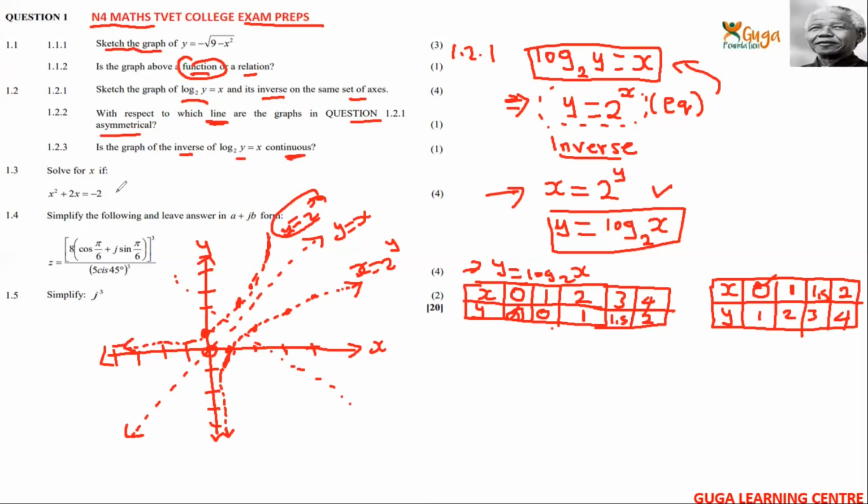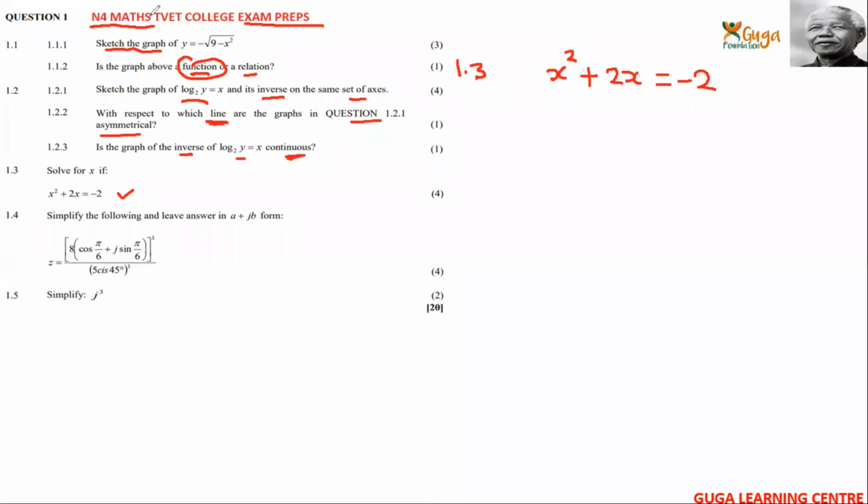Okay, so now solve for x. x squared plus 2x is equals to minus 2. Okay, let me erase first. Yeah, we have to solve for x, right?